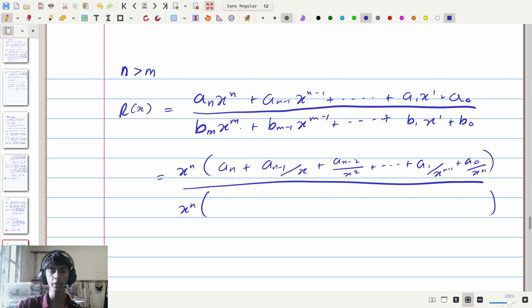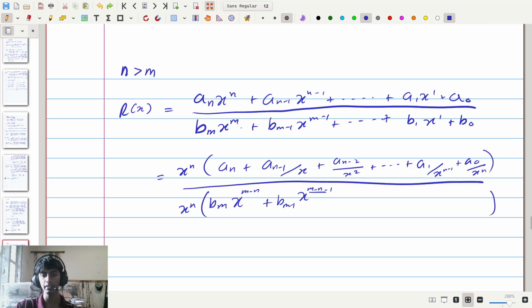On the denominator, we are going to have b sub m times x to the power of m divided by x to the power of n, which is x to the power of m minus n, a negative number since n is greater than m. The next term is b sub m minus 1 times x to the power of m minus n minus 1, which is still negative.